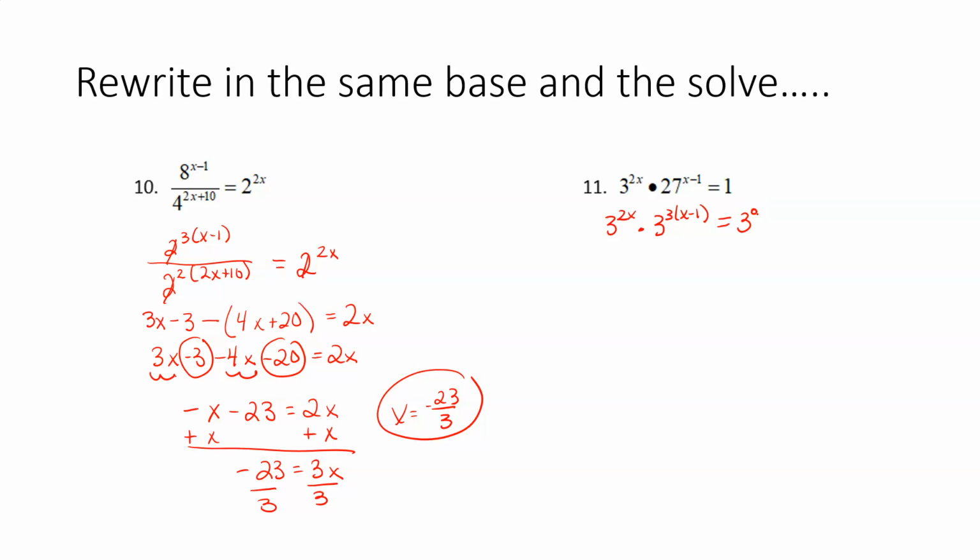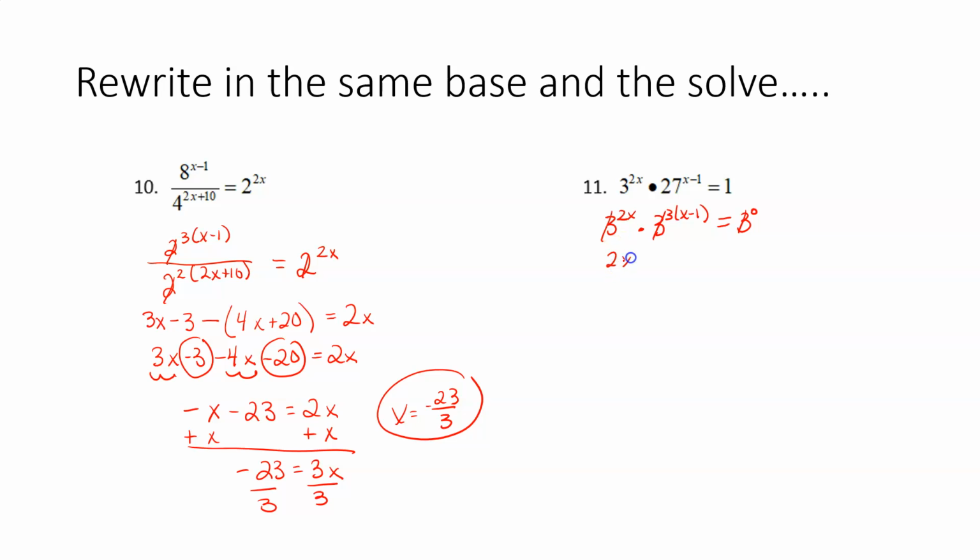So to keep the same base, let's make that 3 to the 0 power. Okay? Now remember, when you multiply exponents, after we cancel out all these bases, we're multiplying, but we're really adding, because the rule says when you multiply exponents with the same base, you add them.